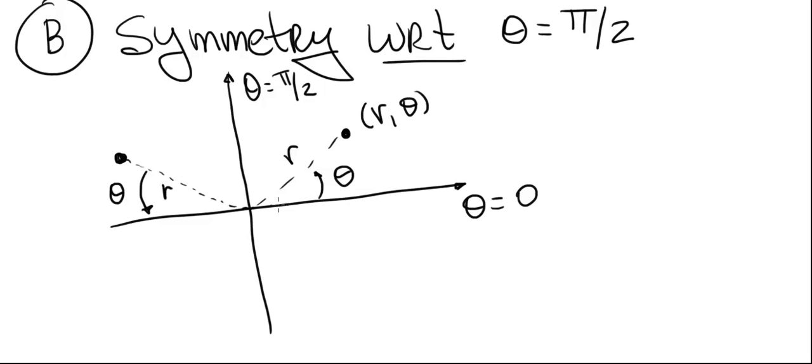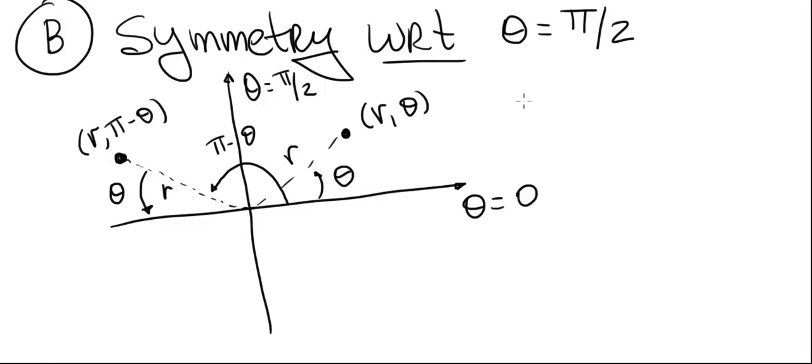If we measure the angle from the line theta equals 0, which we call the polar axis, it's 180 degrees minus the angle theta, or pi minus theta radians. Therefore, this point will have polar coordinates r and pi minus theta.